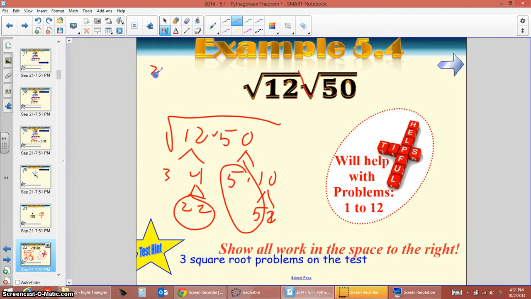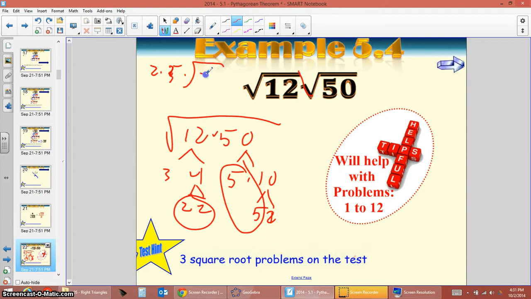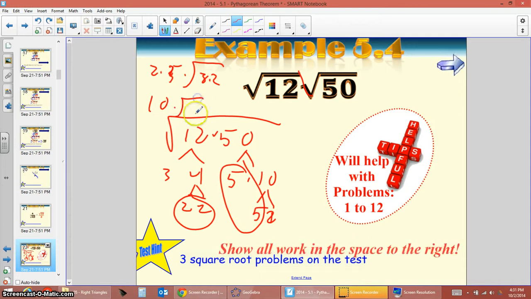I get 2 times 5 times the square root of whatever's left over. 3 and 2 is left over. And then I end up with 10 times root 6. That's a 3 times 2. All right, so there's my final answer, 10 root 6. All of this simplifies to become just 10 root 6.